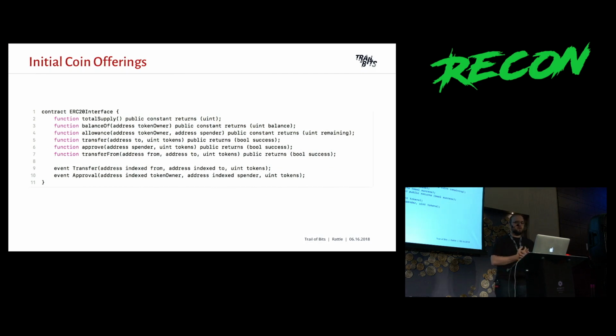An ICO, initial coin offering, is the cryptocurrency world's equivalent of an initial public offering. It's the first time a share, in this case represented by a token, of a company is available for public sale. How that works is it's actually implemented via a contract interface or protocol.